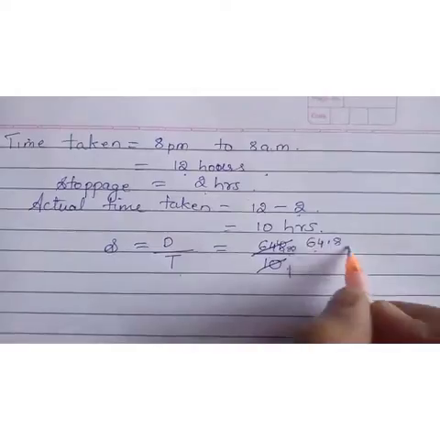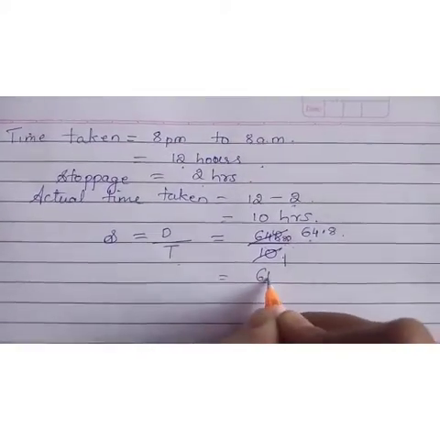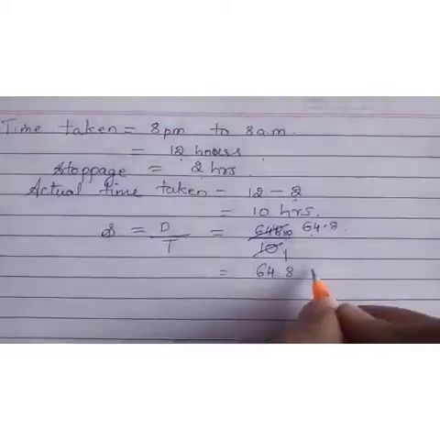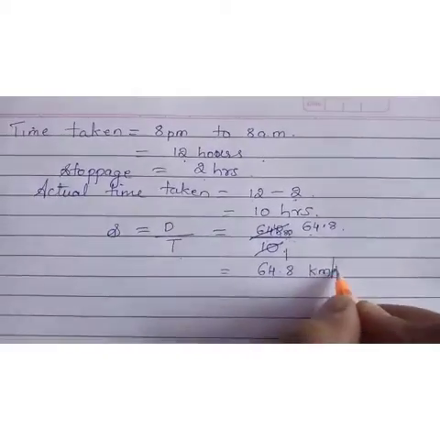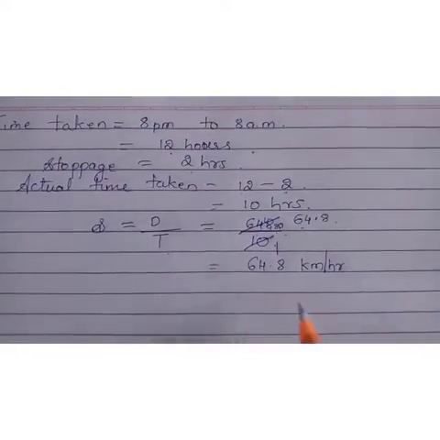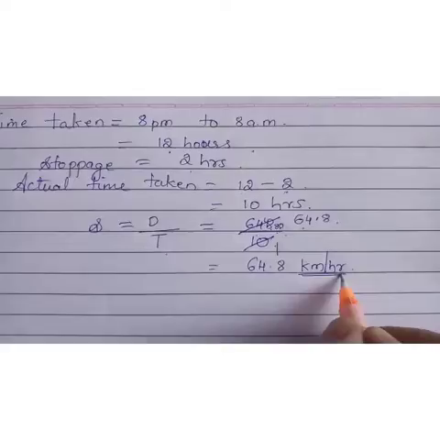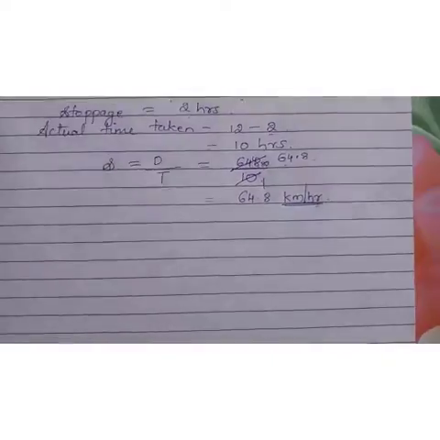So 10 8s are 80. So what is the speed? 64.8 kilometers per hour. Whenever you are writing the answer, you have to always write the unit.